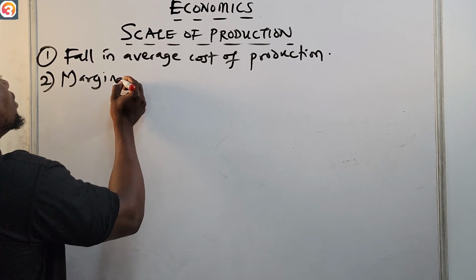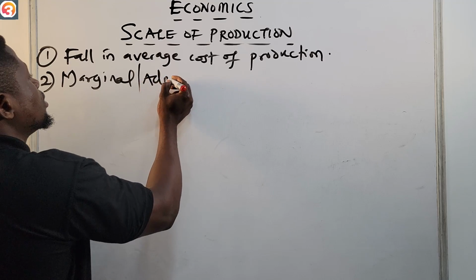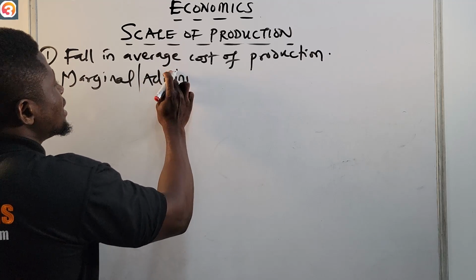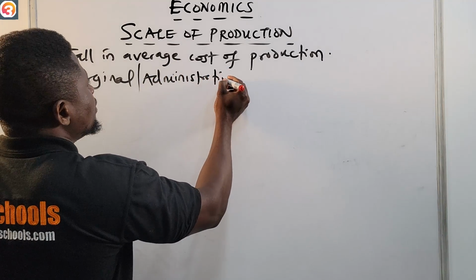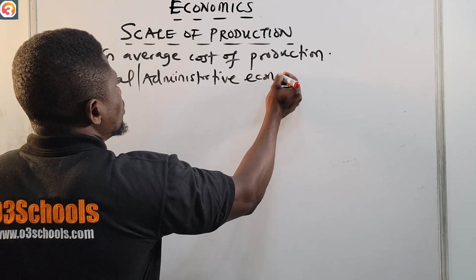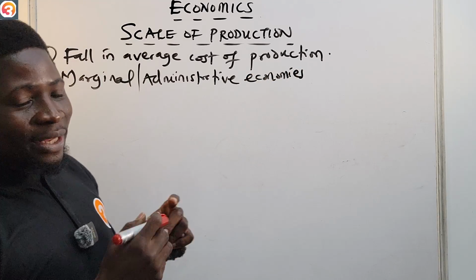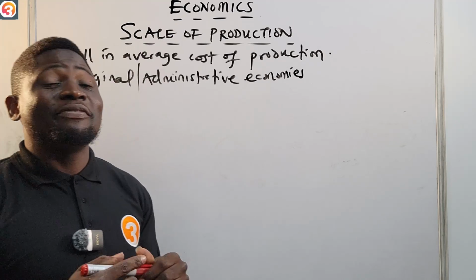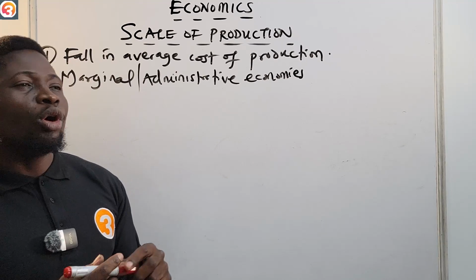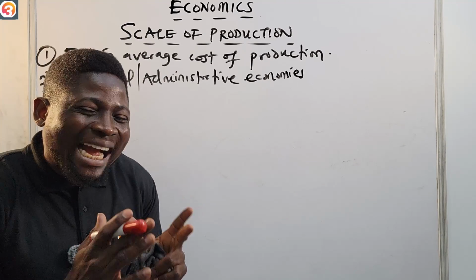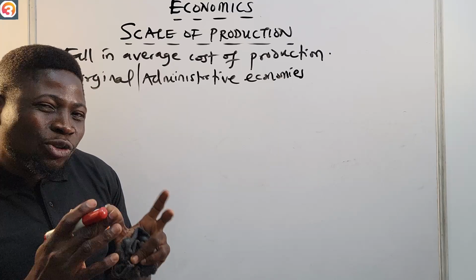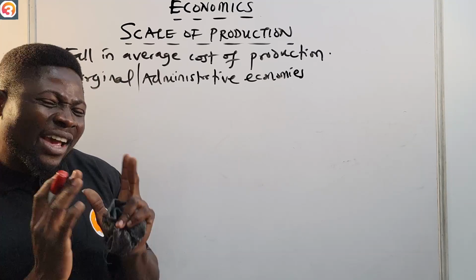Managerial or administrative economies. Because firms are operating on a very, very large scale, they have the financial power to get good administrative staff that can handle their firm very, very well.